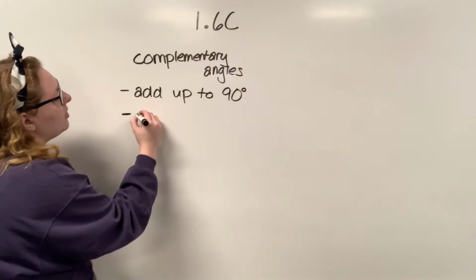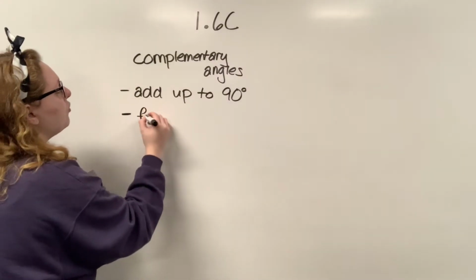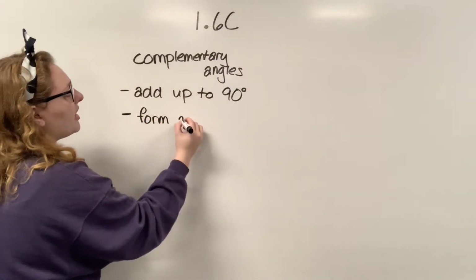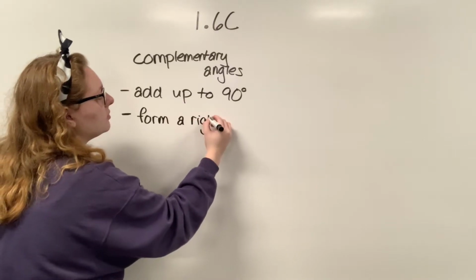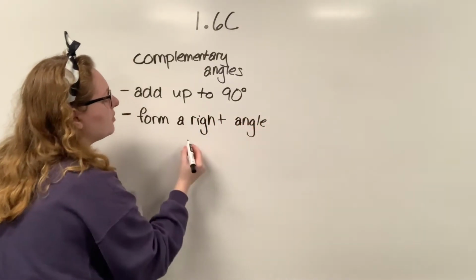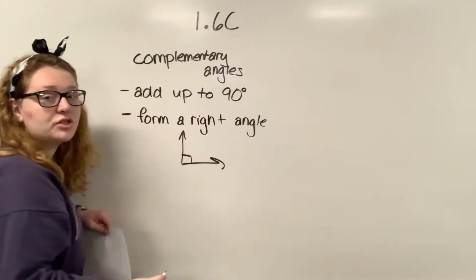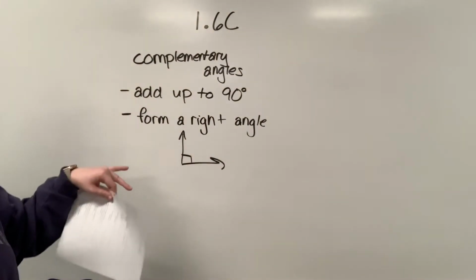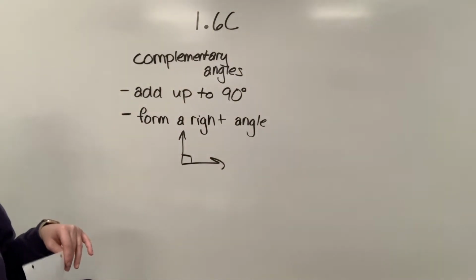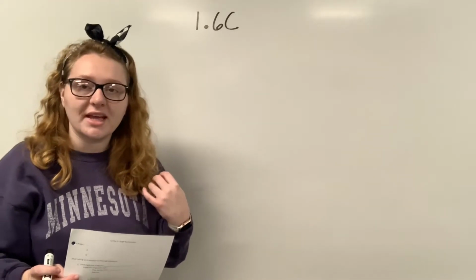Meaning that when two angles add up to 90 degrees, they form a right angle. And those usually look like this, with a box instead of a strike near the vertex to show that this is a 90-degree angle. Now that we've talked about those words again, let's go ahead and do some examples.